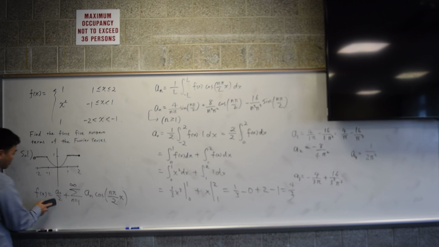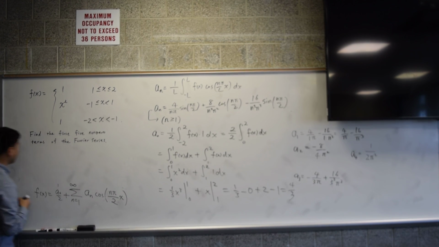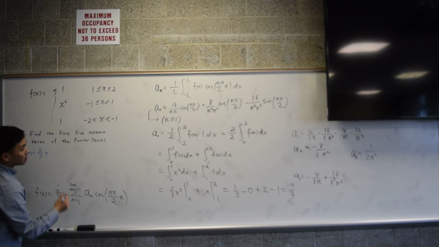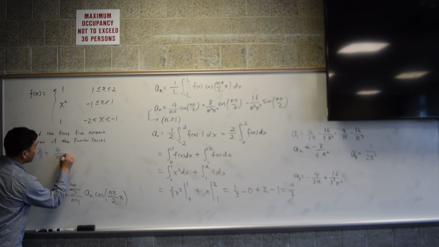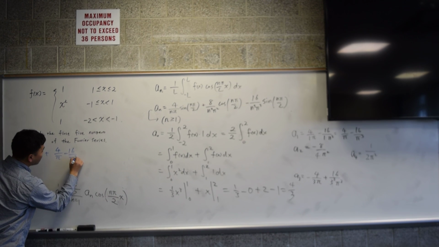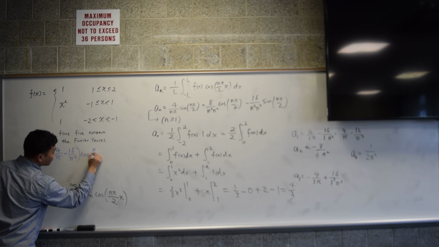Remember, there's an over 2 there. So if I write it down, what's the answer? The final answer is f of x equal to a_0 over 2, that's 4/3 divided by 2, which is 2/3, plus 4 over pi minus 16 over pi cubed times cosine pi over 2 x.